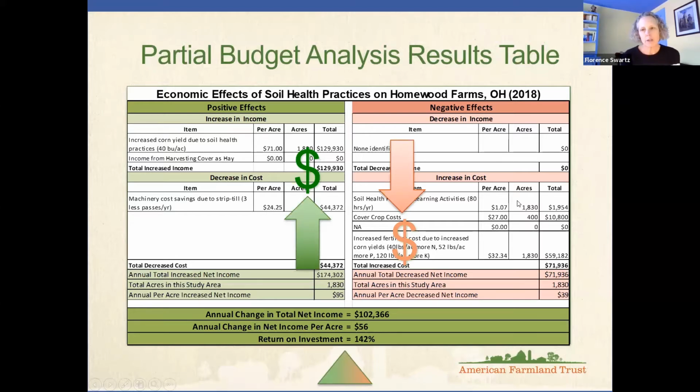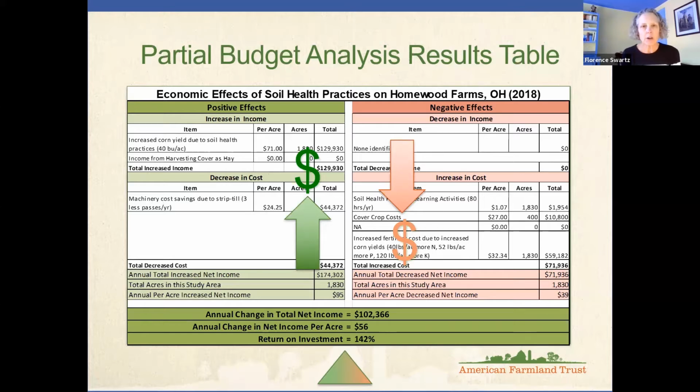And the third part of this is that all the costs are on an annual basis. So in the case of machinery, Dan may have had to buy a new piece of equipment. We wouldn't show the total cost of that new piece of equipment in this table because that's a capital investment that should be spread over many years.